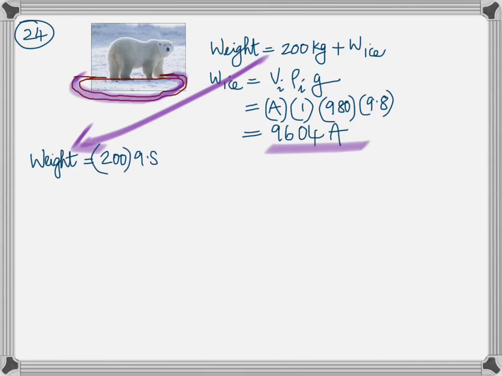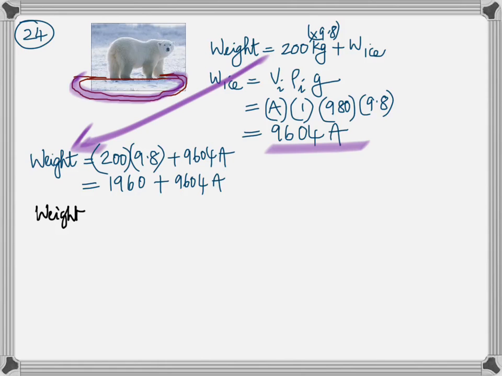So the weight is now 200 times 9.8 plus 9604 A. That's the total weight. That is 1960 plus 9604 times A. All right, what's the weight of fluid displaced?